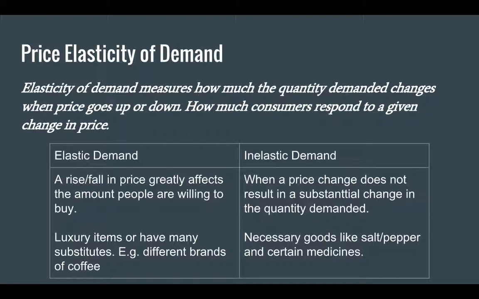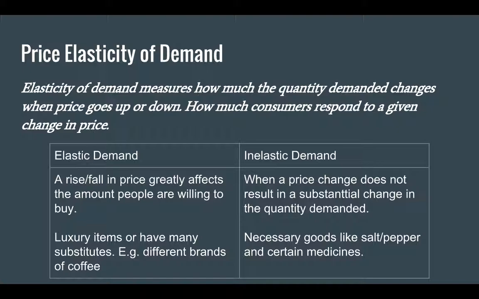An example of inelastic demand is a little different. When a price changes, it does not result in a substantial change in the quantity demanded. Examples are necessary goods like salt or pepper and certain medicines. Another big example is housing, right? The rent prices in San Francisco are through the roof, totally crazy, but it's a necessity.